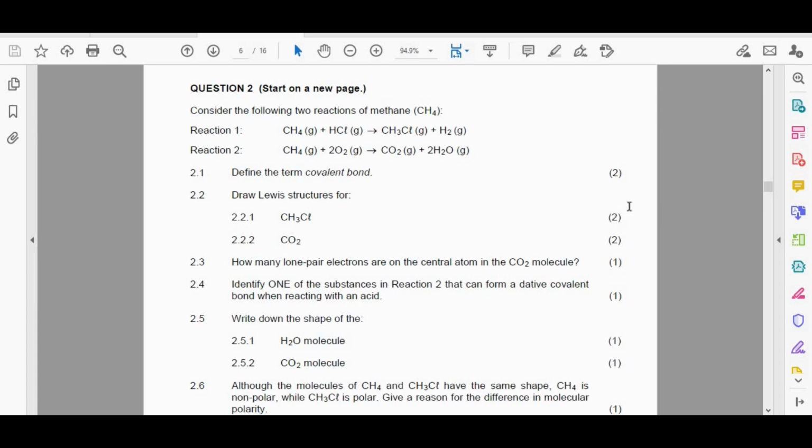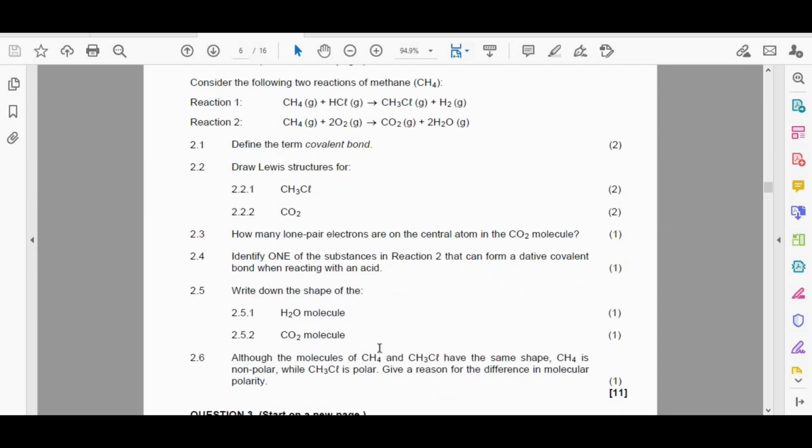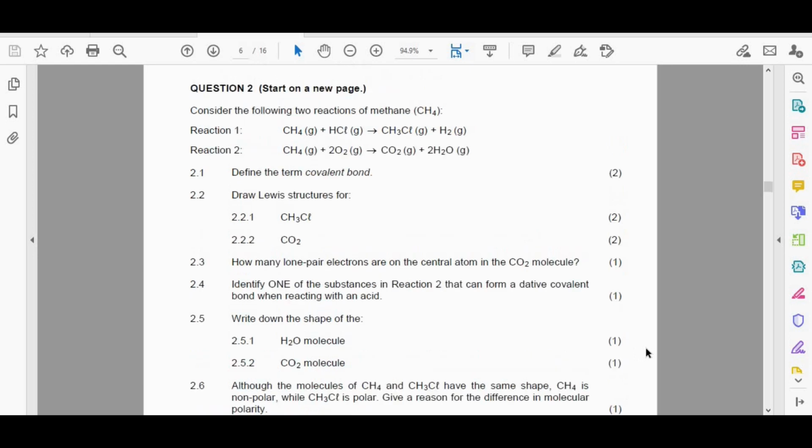I think I did go through dative covalent bonds, but we can always look at that one a little bit later. And write down the shape of water and CO2. We can still remember that, I'm sure. At 2.6, although the molecules of CH4 and CH3Cl have the same shape, CH4 is nonpolar, while CH3Cl is polar. Give a reason for the difference. I'm sure we can do that one as well, since we know the difference between polar and nonpolar.